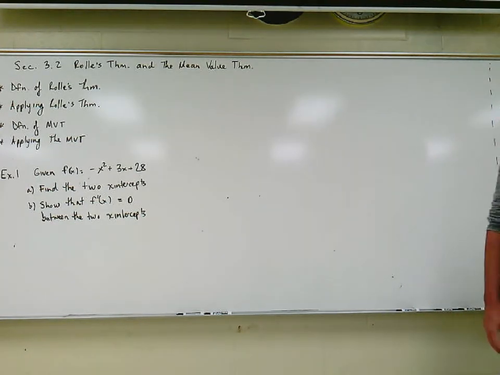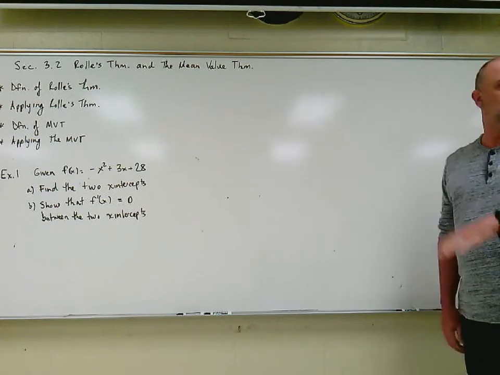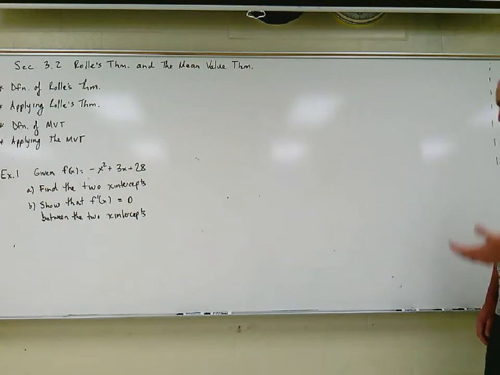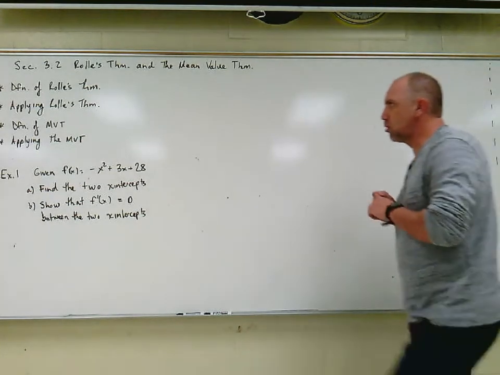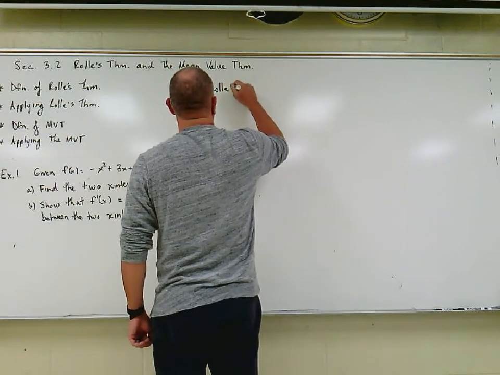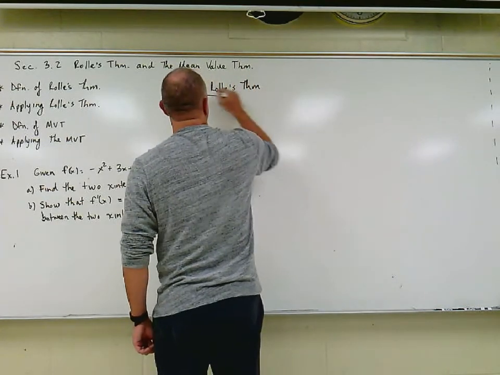So the best way to do it is I give you the definition, then we translate it to English out of the math language, and then we see how we use it, okay? So we'll get started with Rolle's theorem. Rolle's theorem says this, and we're talking about a function.